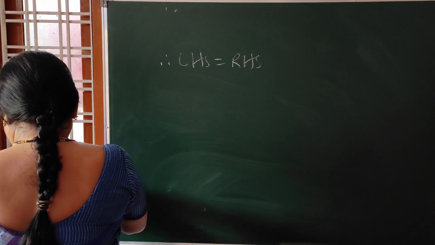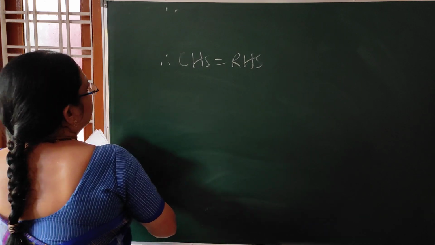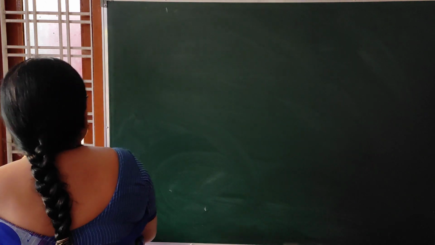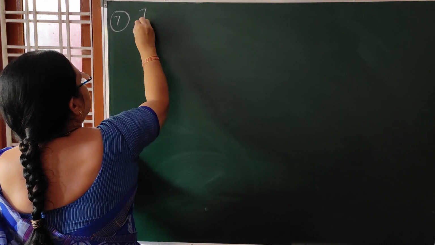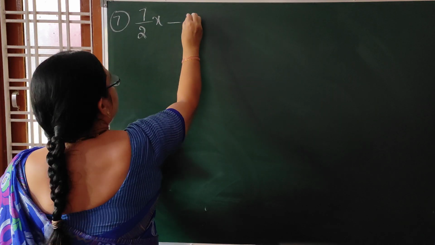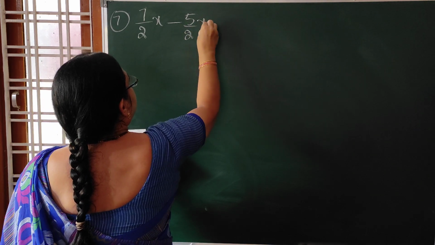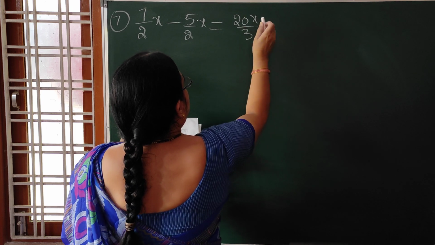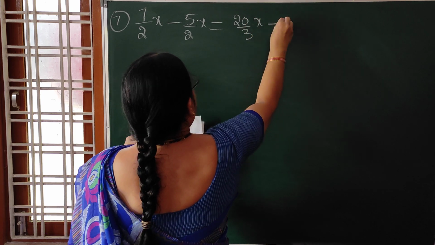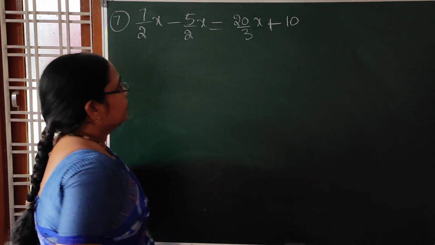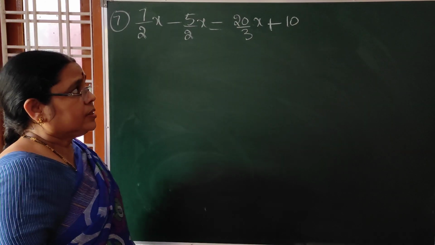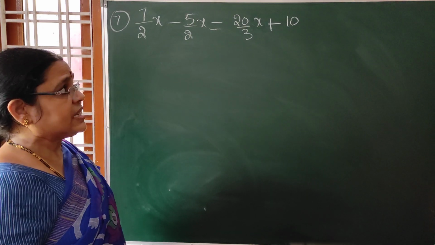Now the next sum, seventh sum. 7 by 2x minus 5 by 2x is equal to 20 by 3x plus 10.